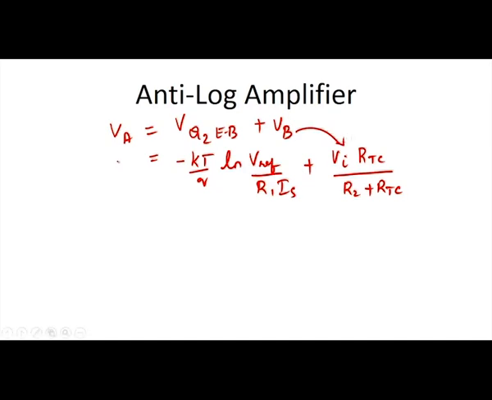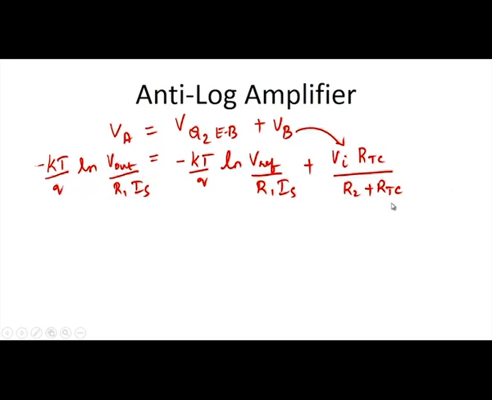And what is VA from the upper operational amplifier? That you have to substitute instead of VA. It is minus KT by Q natural logarithm of V out by R1 IS. So, from this equation you have to calculate the output voltage.